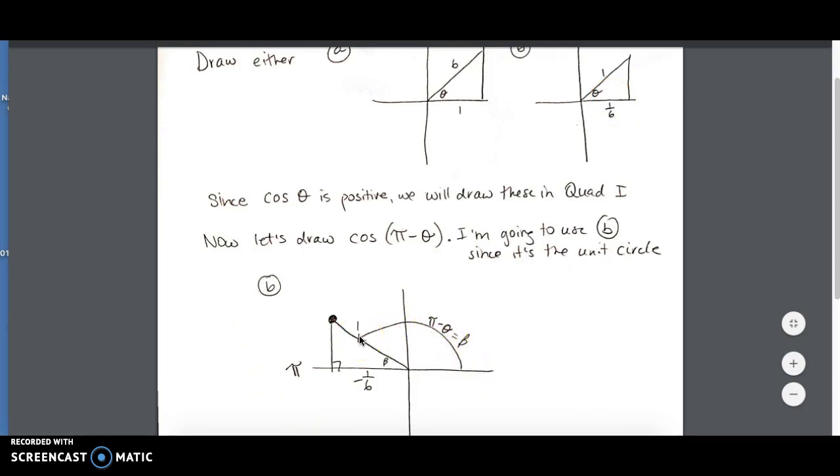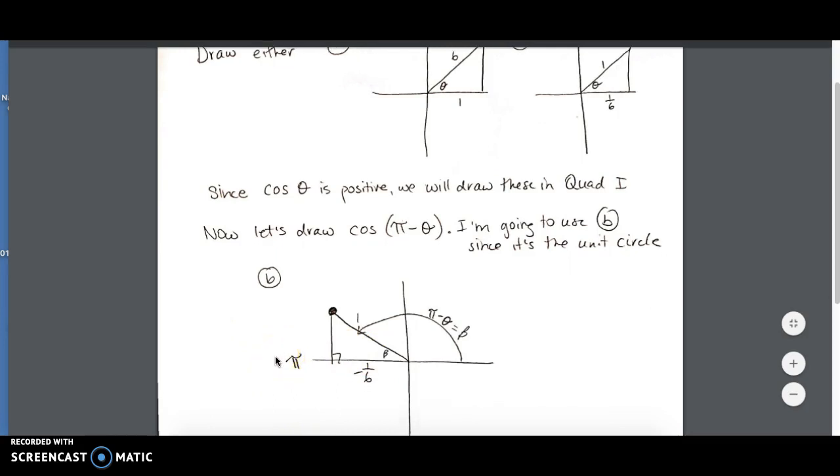It would just flip it across the y-axis. So the new angle in which I want to evaluate cosine is this angle here, beta. Let me know if you need further explanation on that.